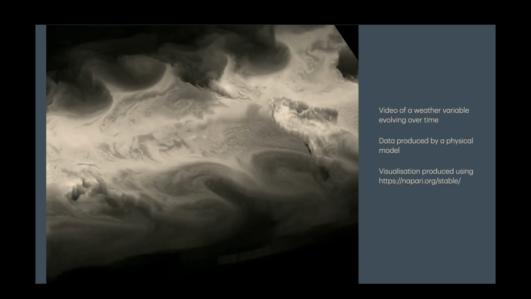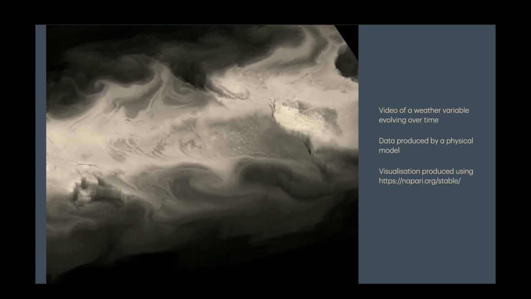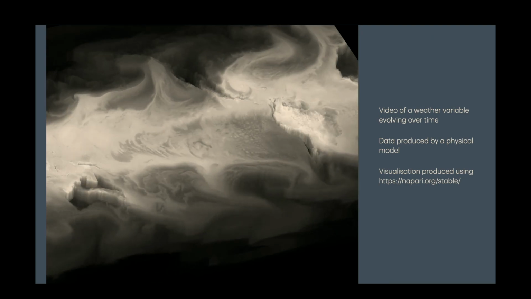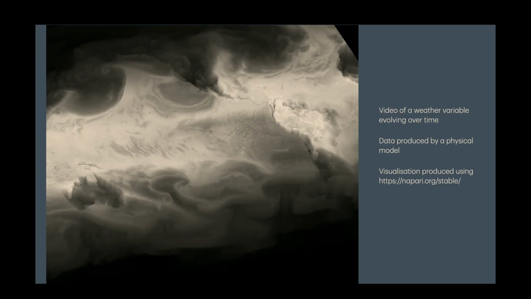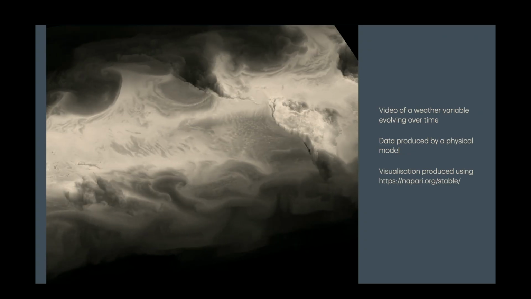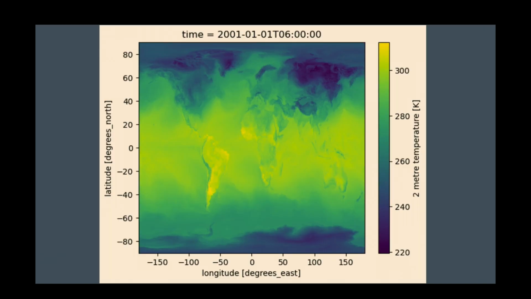So this is an animation of a weather variable evolving around the time in a rules-based, physics-based global model. That's an Earth system model. That's Earth system science, and what we're talking about is a neural network that can do that. So here is the code for a model that I trained that does that to a greater or lesser degree, and it produced that.